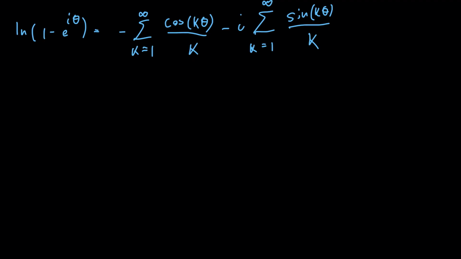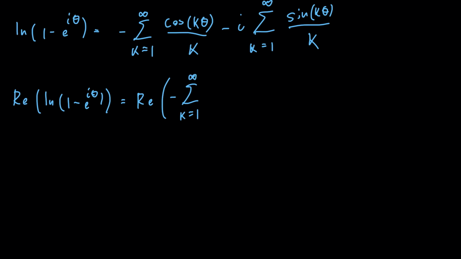And then from here, I'm going to take the real part on both sides. So you have the real part of the natural log of 1 minus e to the i theta is the real part of negative the sum from 1 to infinity cosine of k theta over k minus i times the sum from 1 to infinity sine of k theta over k.